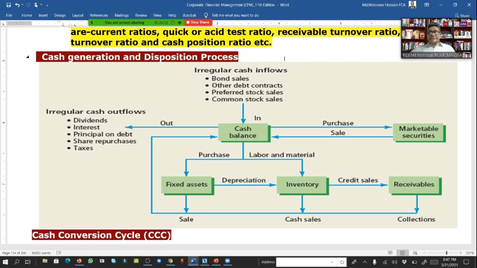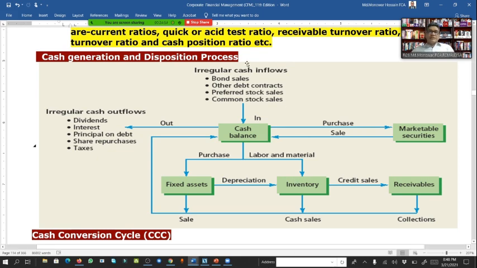And also tax is an irregular cash outflow, because we pay advance tax, quarterly or yearly, etc. So it is irregular.